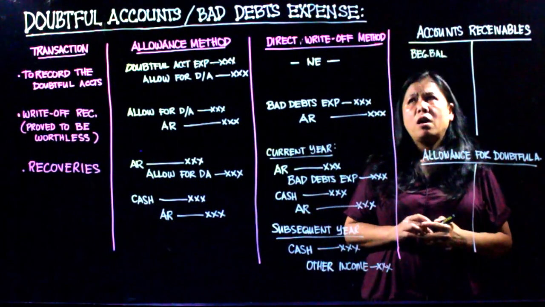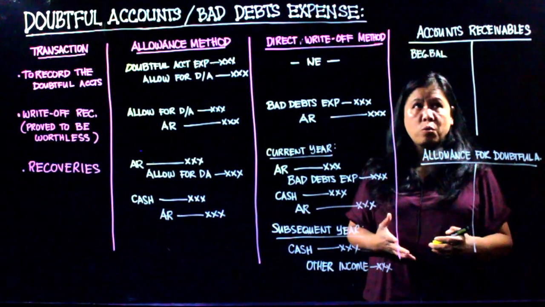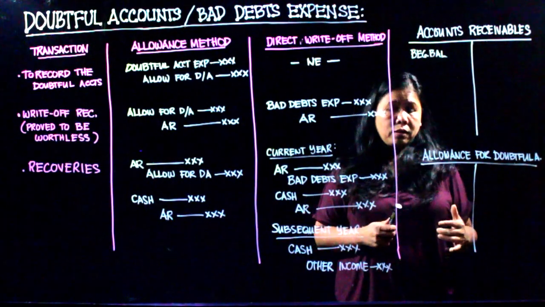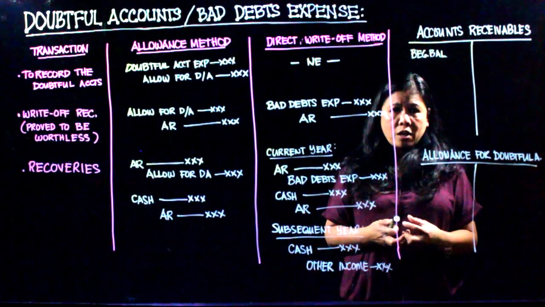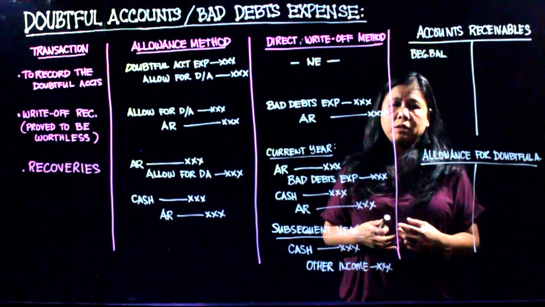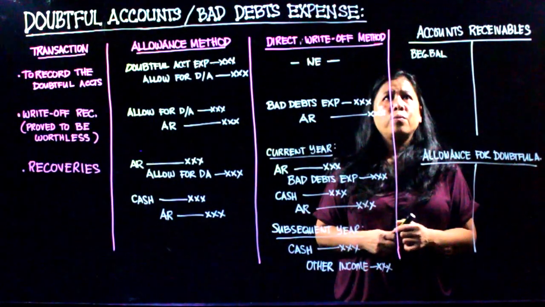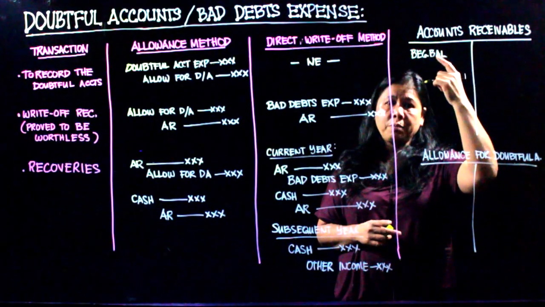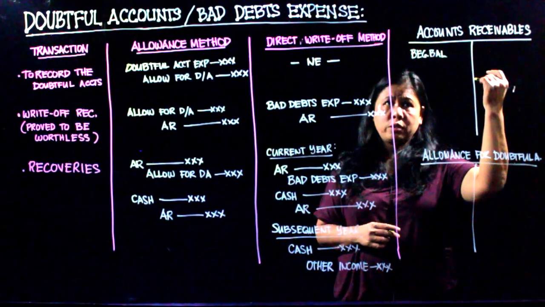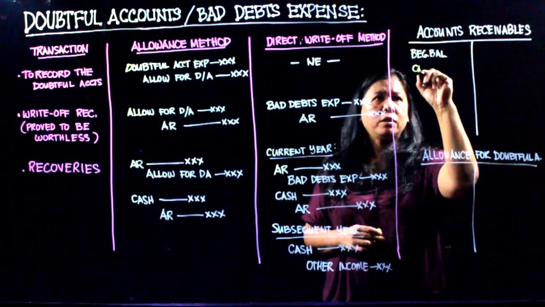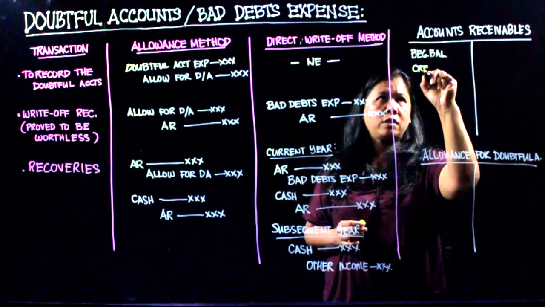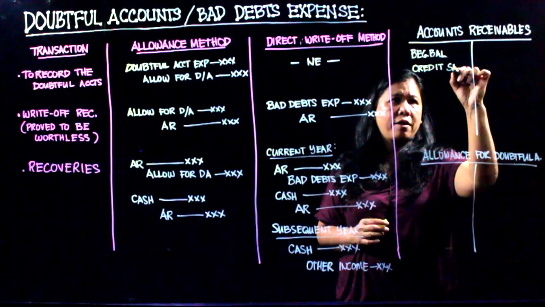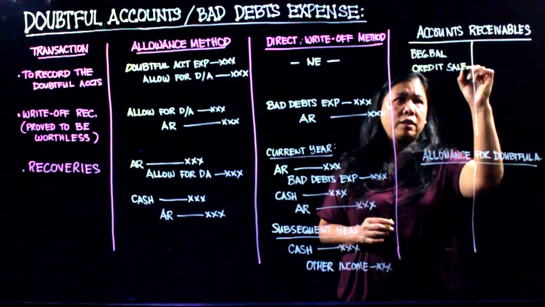So what are the transactions that affect our accounts receivable? Credit sales. When the company has a transaction selling on credit, we increase our accounts receivable. So we debit accounts receivable and credit sales. So on the debit side of the accounts receivable, we increase when we have credit sales.